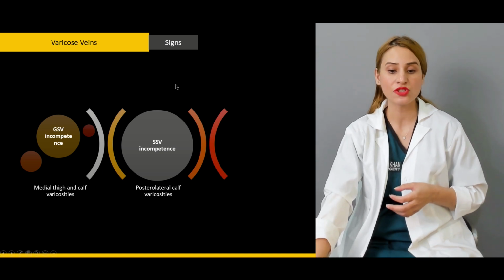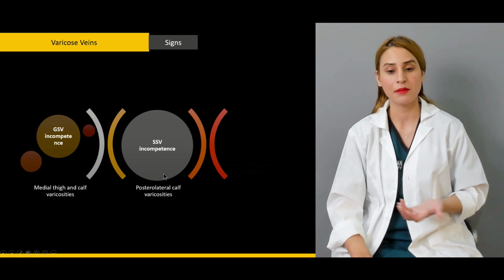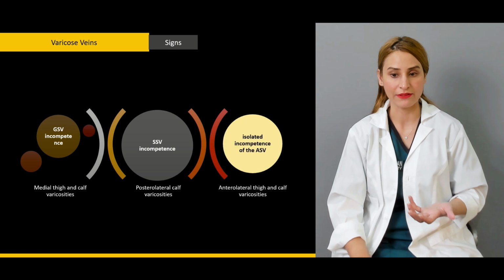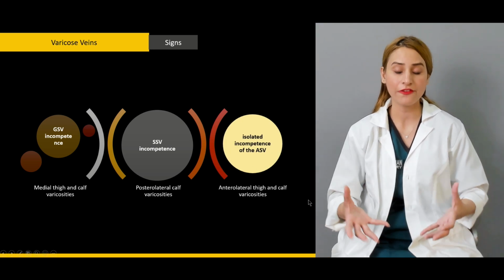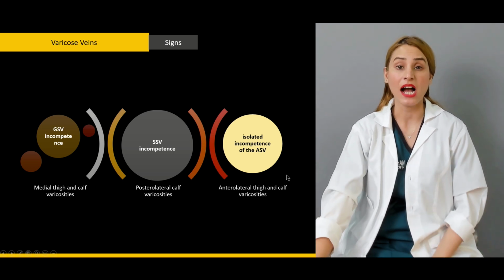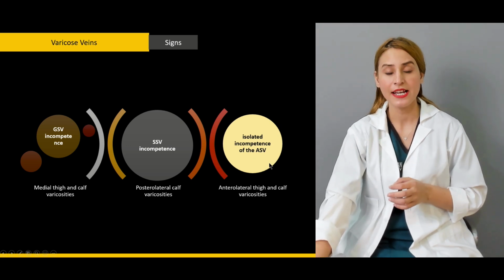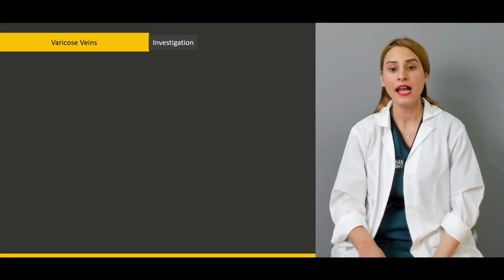If it is in the lateral aspect or the posterior lateral calf, the incompetence is in the small or short saphenous vein, right? And sometimes if there are anterolateral calf varicosities, anterior and lateral as well, there can be isolated incompetence of the anterior accessory saphenous vein, which is a tributary of the great saphenous vein, right?